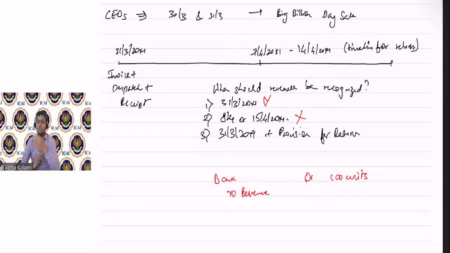Look at the definition of transaction price. Is it the amount received or the amount expected to be received? What do you recollect from today morning?